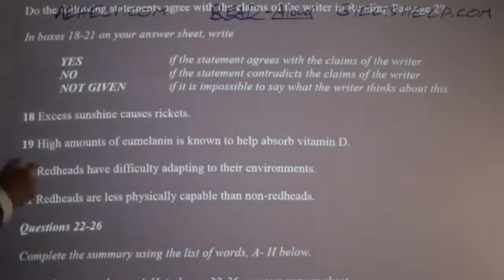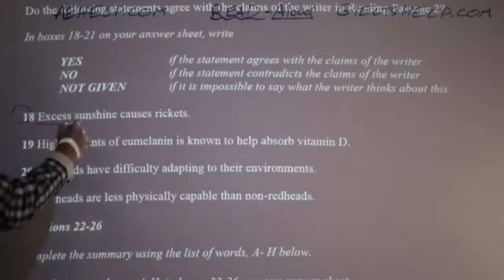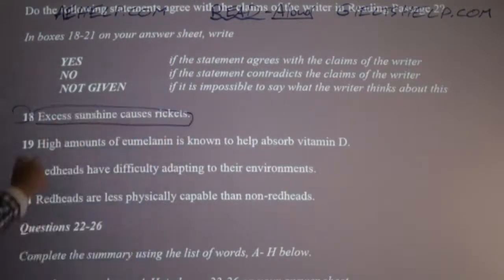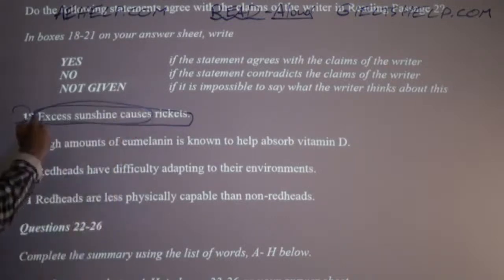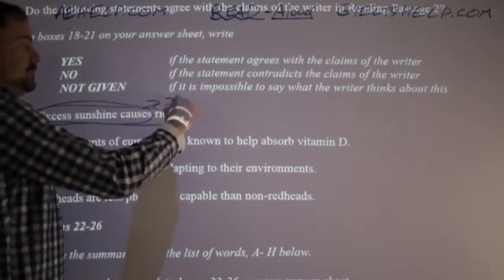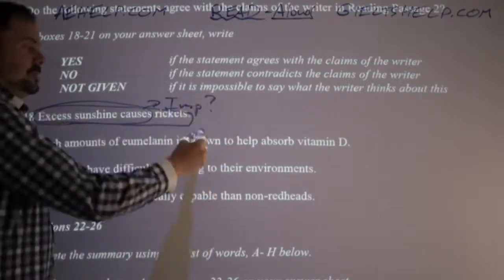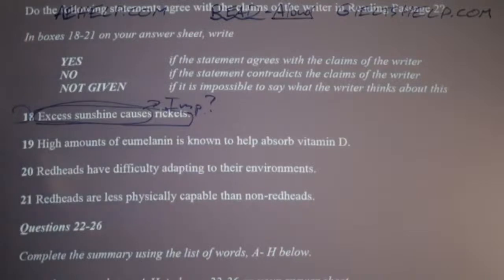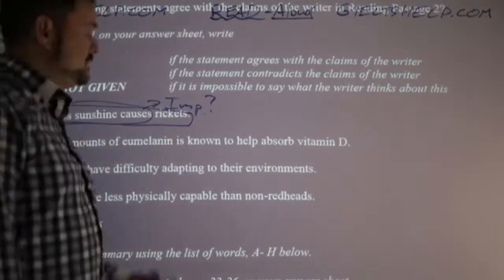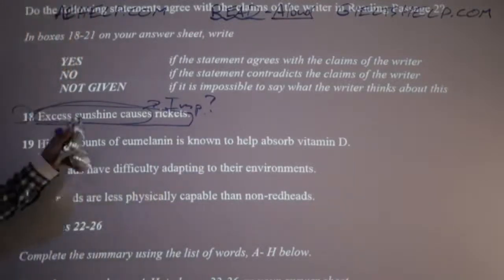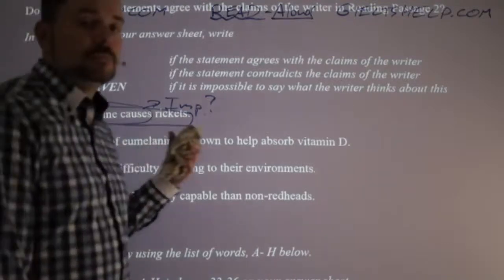Okay, so number 18, excess sunshine causes rickets. Is it important to know what sunshine causes in the human body for this passage? Is it important for this passage to understand the effects of sunshine on the human body?